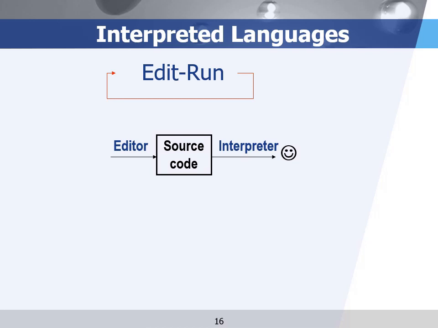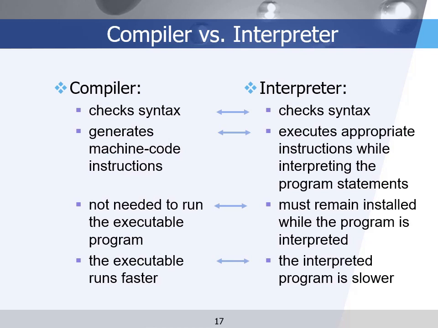For the interpreted language, you don't need the compile and link stage, you just need the interpreter. So what you need to do is to just edit your source code and then ask the interpreter to run your program. If your program is not correct, you just edit your source code and then ask the interpreter to run again. So you don't need to compile and link your program. These are the comparison between the compiler and the interpreter.